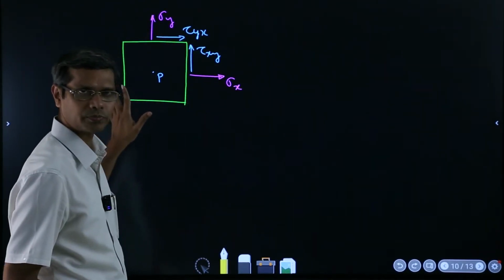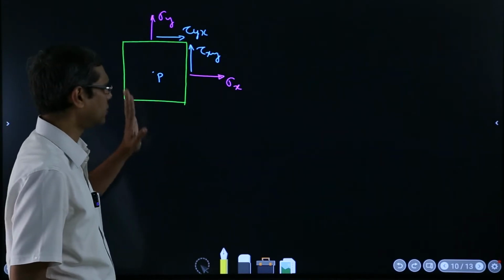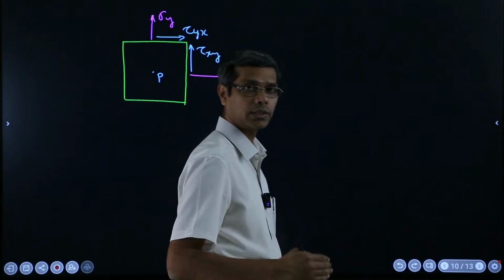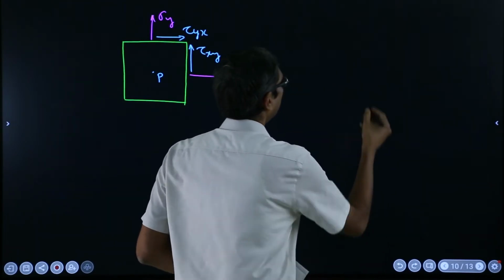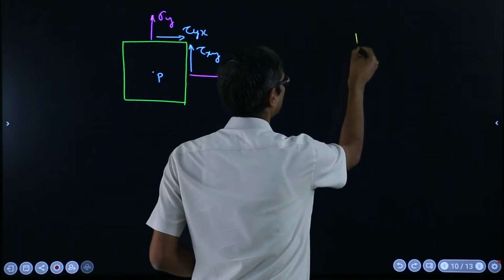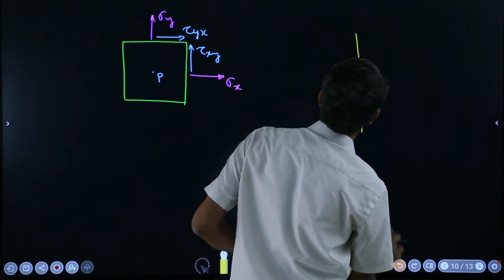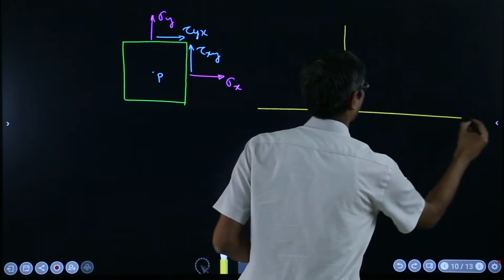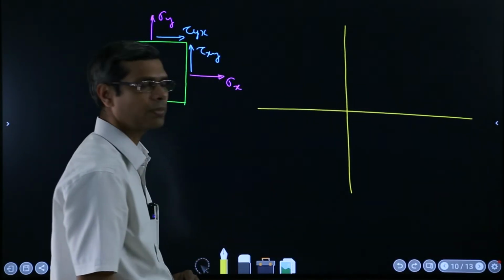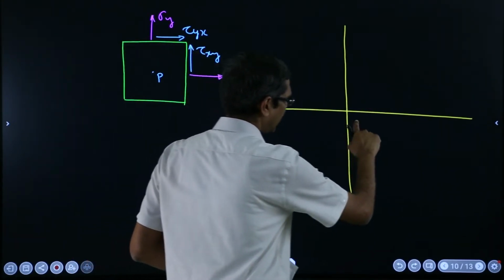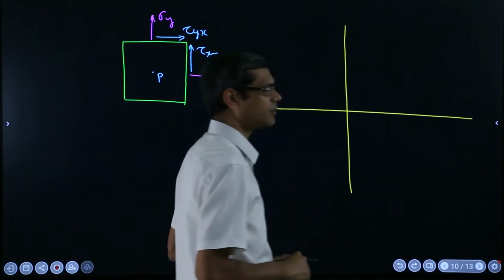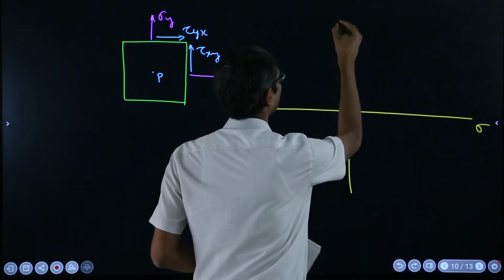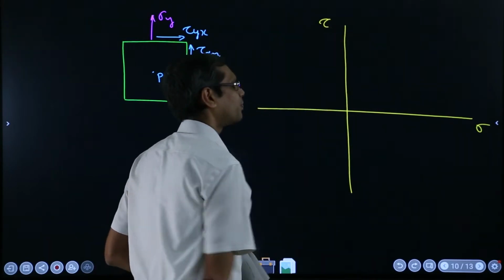Suppose all these values are known, then how do you find the other unknown things? By choosing a particular scale depending on the values of sigma x, you draw an axis on which the x axis will represent our sigmas and the y axis will represent our tau.